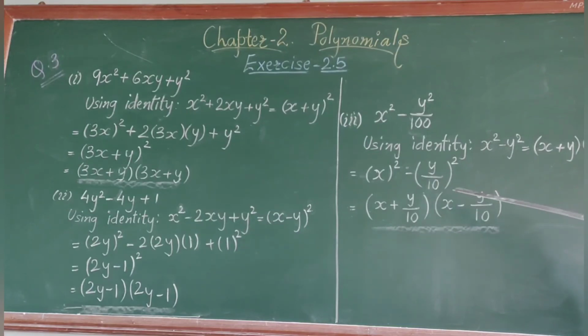When we compare, we can see that x square is the square of x and y square upon 100 is the square of y upon 10. Y square is the square of y and 100 is the square of 10. So we write x whole square minus (y upon 10) whole square. Again using the identity, one time we add both the terms and another time we subtract. That is (x plus y upon 10) into (x minus y upon 10).